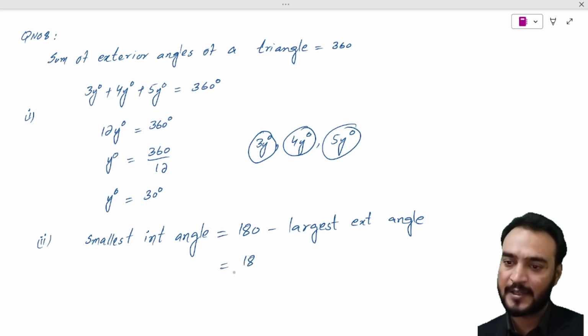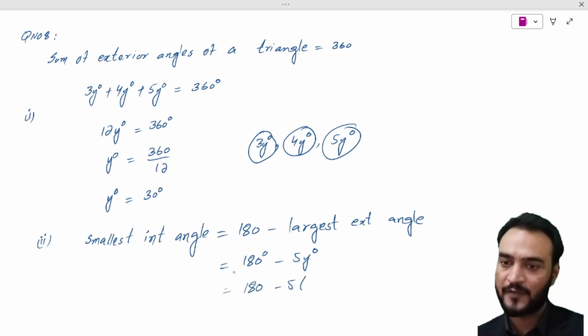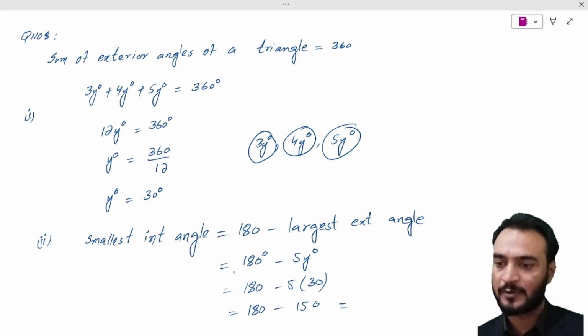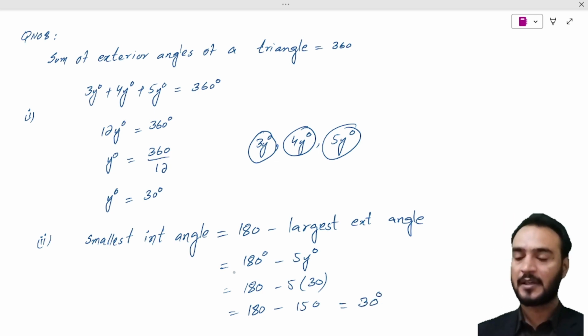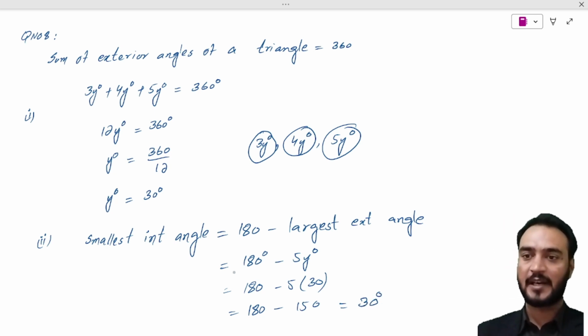So 180 degrees minus 5y degrees. Putting the value of y, we get 180 minus 5 times 30. Multiplying 30 by 5, we get 180 minus 150. And this smallest interior angle now is equal to 30 degrees.